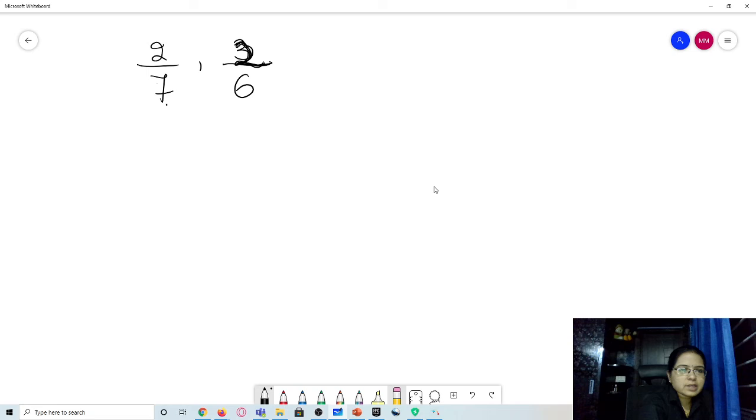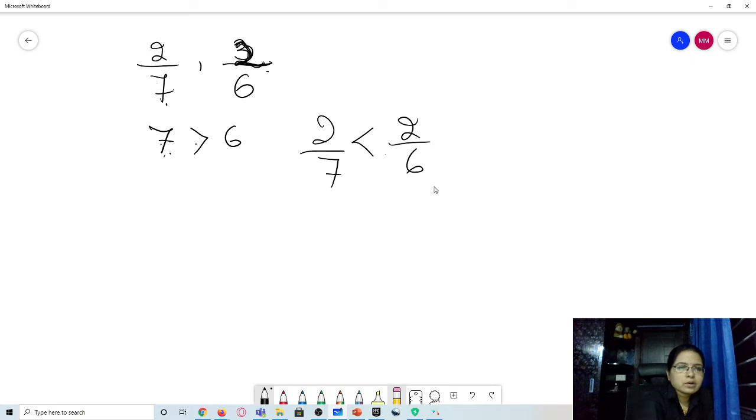Here denominator 7 is greater than 6. So in unlike fractions, the bigger the denominator, the smaller the fraction. So 2 divided by 7 is less than 2 divided by 6.